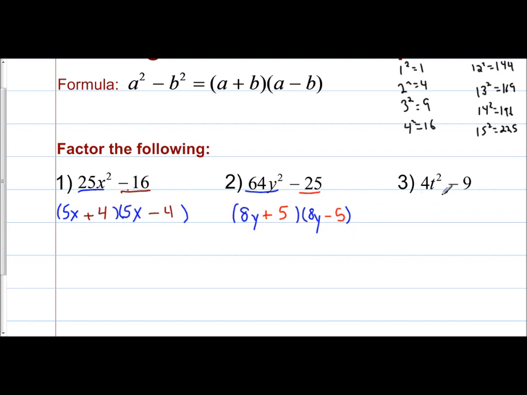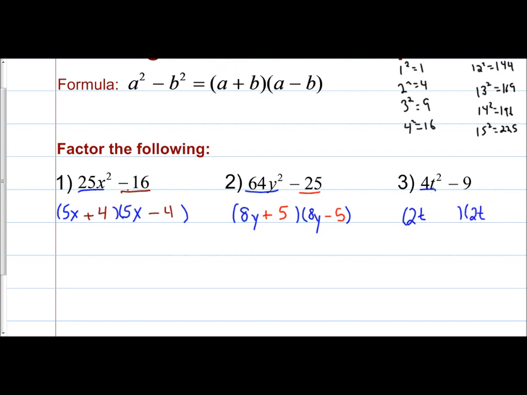Let's lastly try 4t squared minus 9. There's no GCF between the two terms, so I can't use that technique. If I examine my two terms, I can see that 4t squared is a perfect square. The square root of 4t squared is 2t. So you're going to have a 2t as the first term in both parentheses.